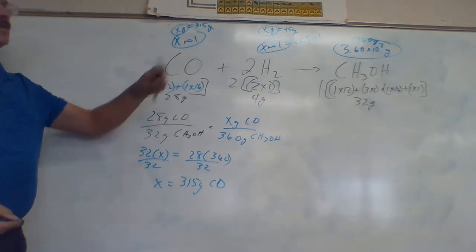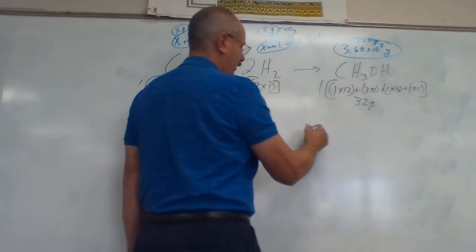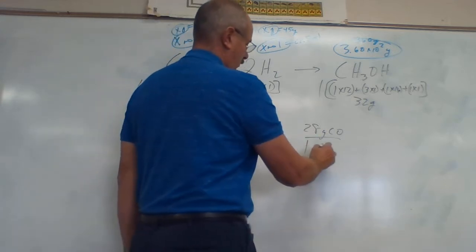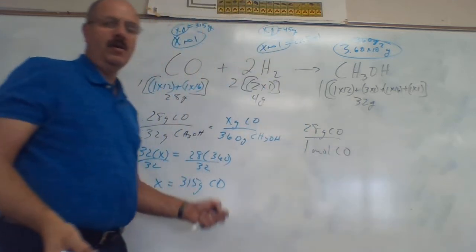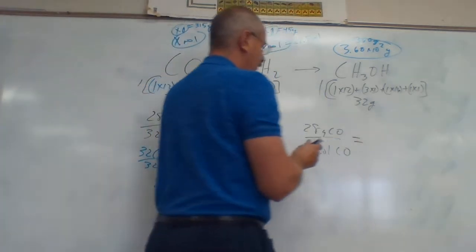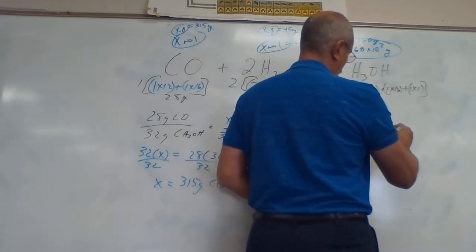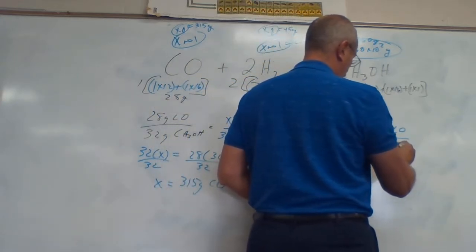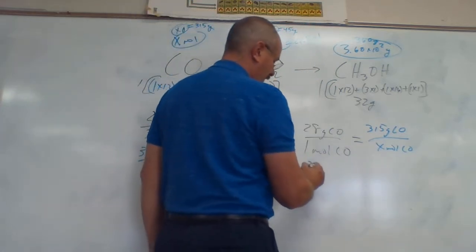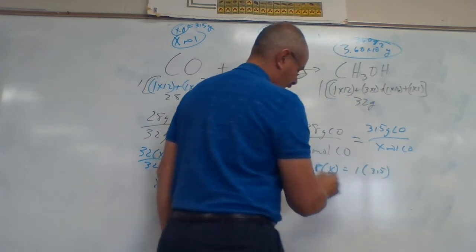Well, now we got to change grams into moles. So on the cheat sheet, we're using molar mass. So we have 28 grams of CO is 1 mole of CO. And why is it 1? Because there's nothing out in front, so that's a 1. So we're going to make that equal to, well, I don't have 28 grams, I got 315 grams of CO over X moles of CO. Let's multiply, that is 28 times X equals 1 times 315.